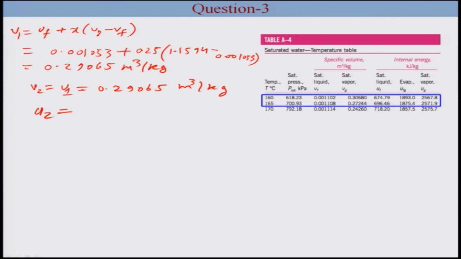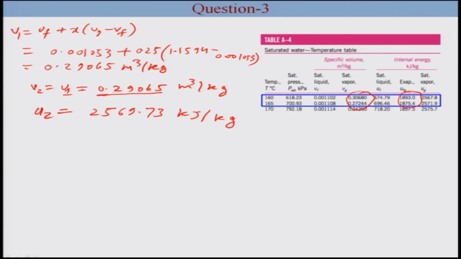We don't have internal energy corresponding to this specific volume exactly, so we have to interpolate the internal energy between these two volumes. After interpolating, we get 2569.73 kilojoule per kg. So this is the internal energy at this specific volume.